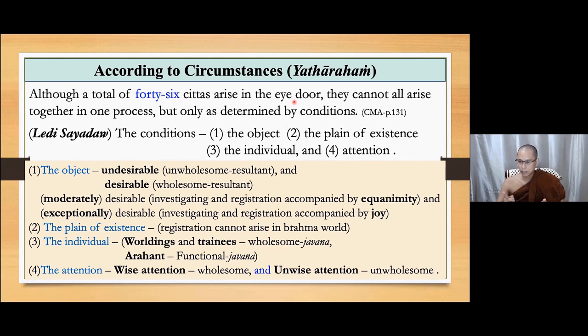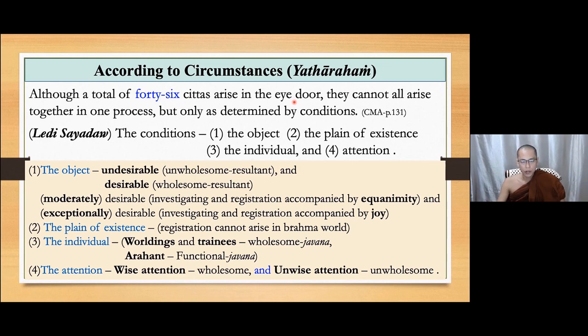Then one of the 29 sense sphere javanas arises 7 times. Then registration follows the javana 2 times. Then again the bhavanga process starts and continues as long as no cognitive process arises again.